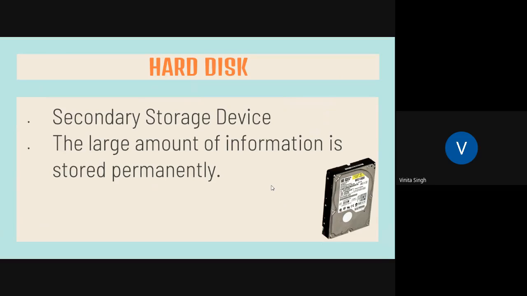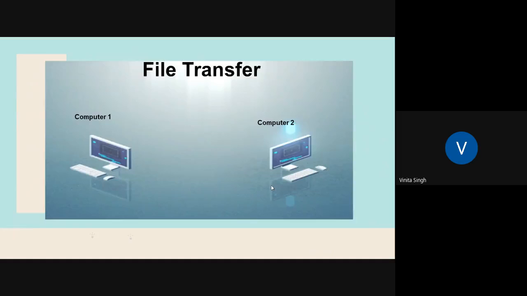Let us understand external storage devices with the help of an example. If you want to transfer songs or movies from one computer to another computer at your home, you can use a pen drive or CD to do this transfer.